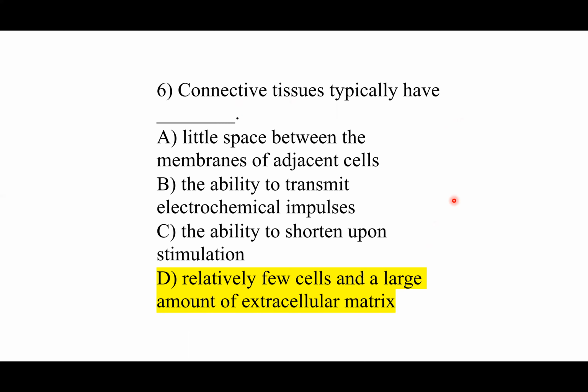So all of these describe different features of the four tissue types. So for A, little space between the membranes of adjacent cells. That was with the epithelial tissues. B, the ability to transmit electrochemical impulses. That was with nervous tissue. C, the ability to shorten upon stimulation. That was with muscle tissue. So we're talking about connective tissues. We're talking about D.